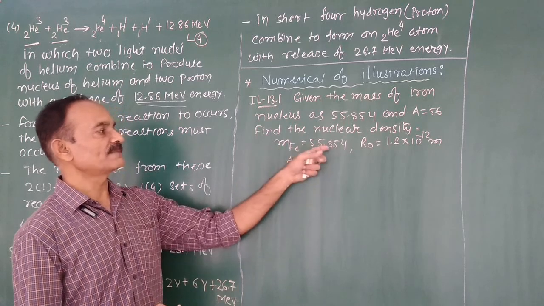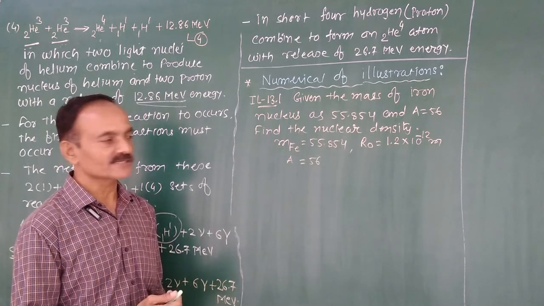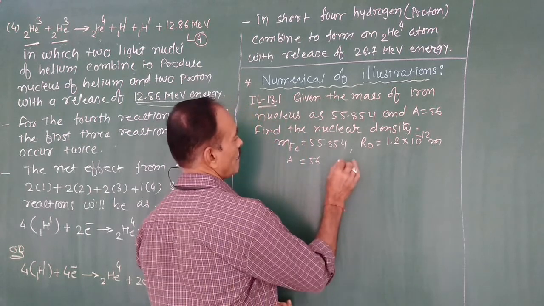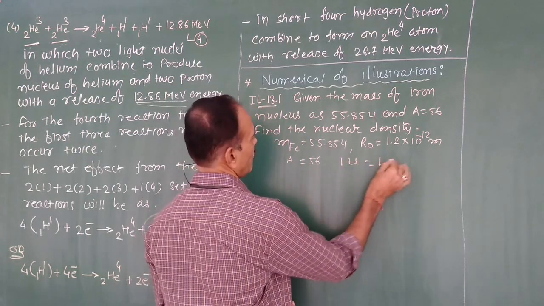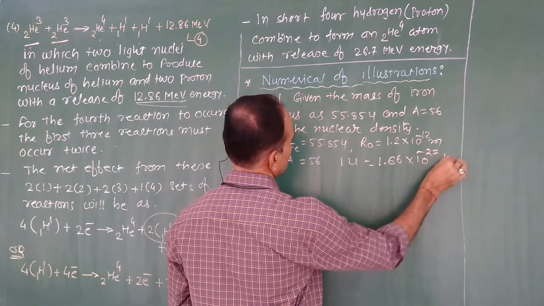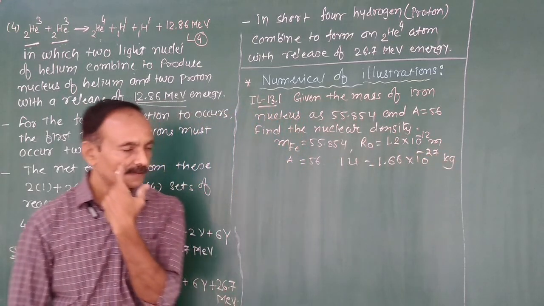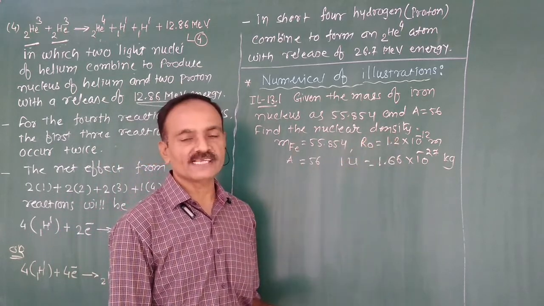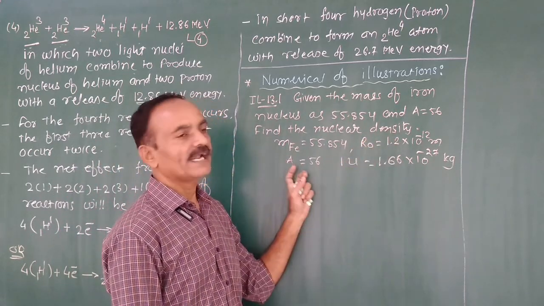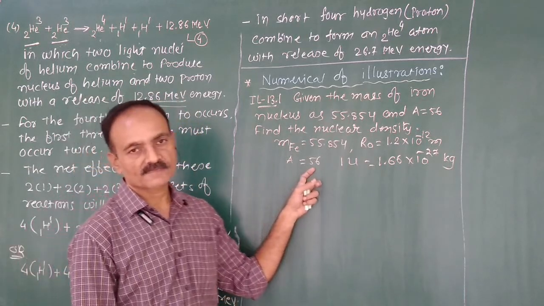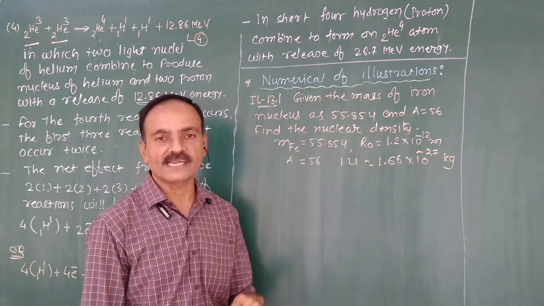Mass of the iron is 55.85 atomic mass unit. 1 atomic mass unit is equal to 1.66 into 10 raised to minus 27 kg. R0 is the constant, 1.2 into 10 raised to minus 15 meter, and atomic mass number of the iron is equal to 56. Okay, here we require the density.